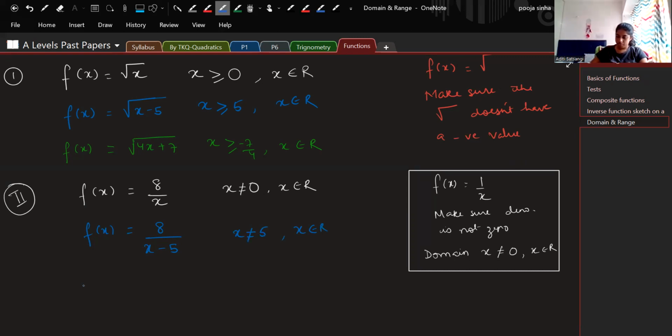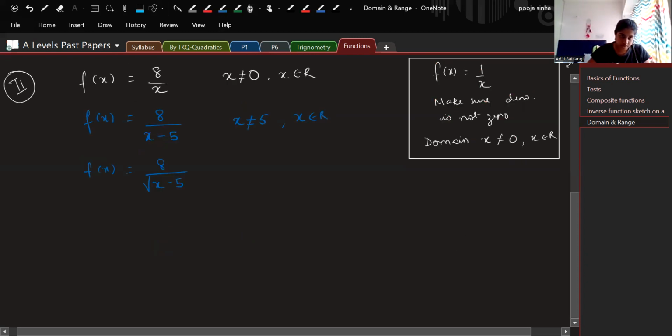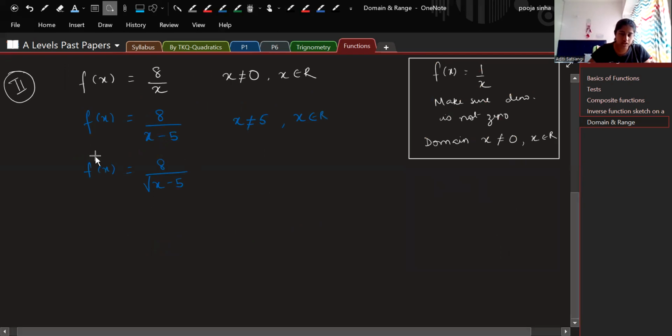Another variation. f(x) is equal to 8 upon under root of x minus 5. Now what will you do? It will be the same, I guess.